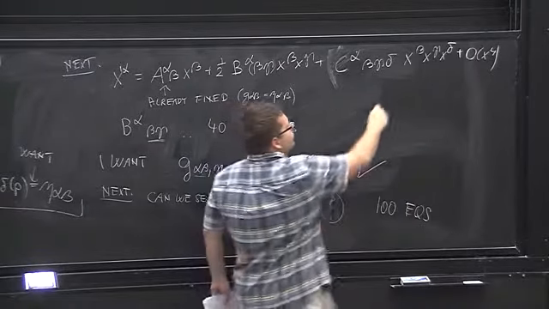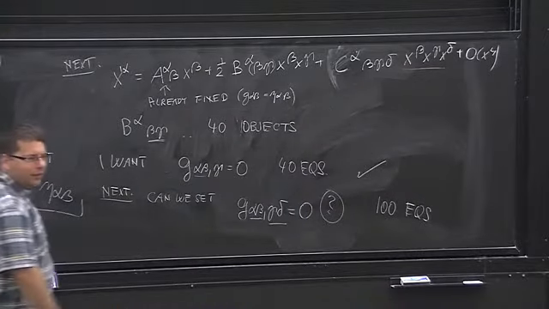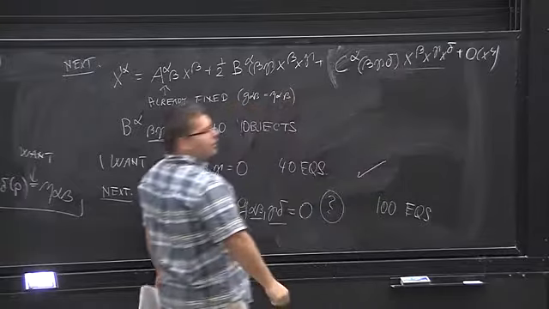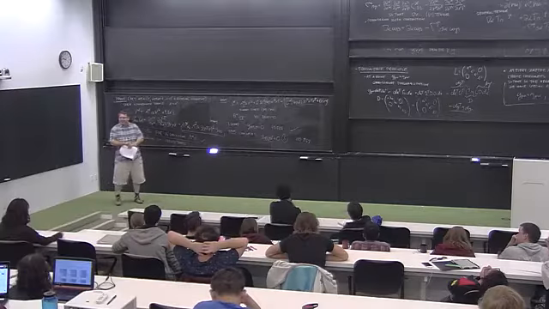Okay, this object is symmetric in beta, gamma, and delta. So how many of these objects? 16.